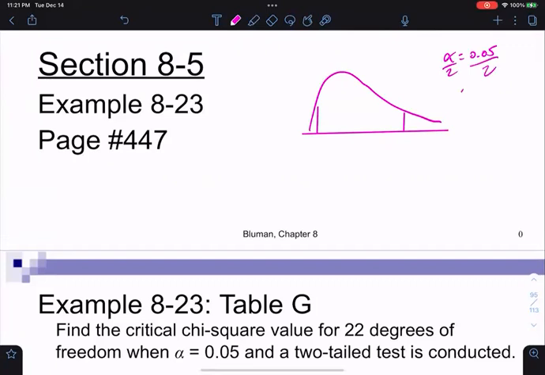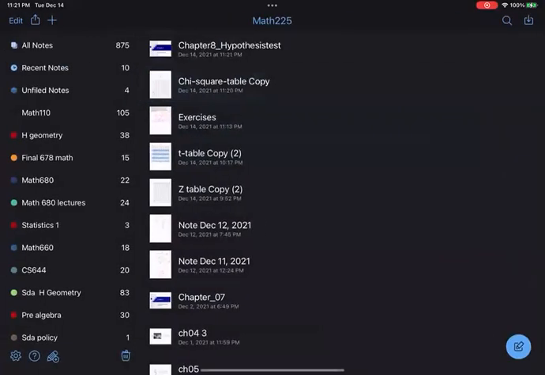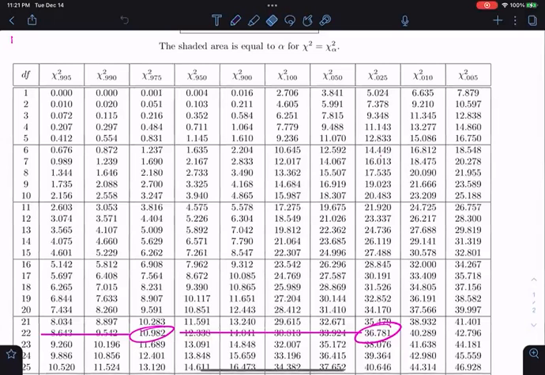So alpha over 2 should be 0.025, and the degrees of freedom is 22. So you look for 22 degrees of freedom and 0.025, right? On the right, you get 36.78.